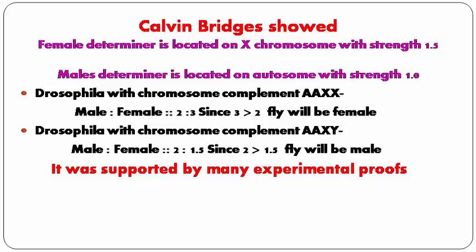A fly with AAXY chromosome combination will have male to female determiners as 2:1.5. Since 2 is greater than 1.5, the fly will be male.